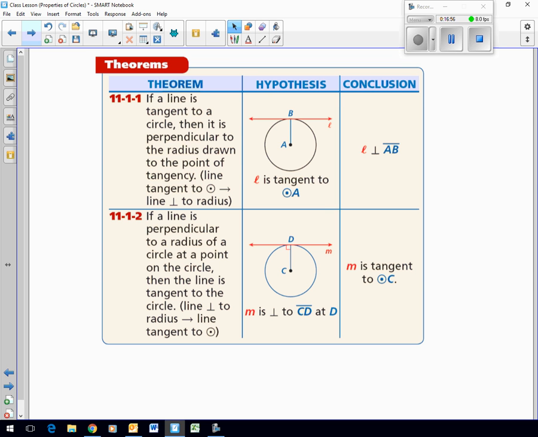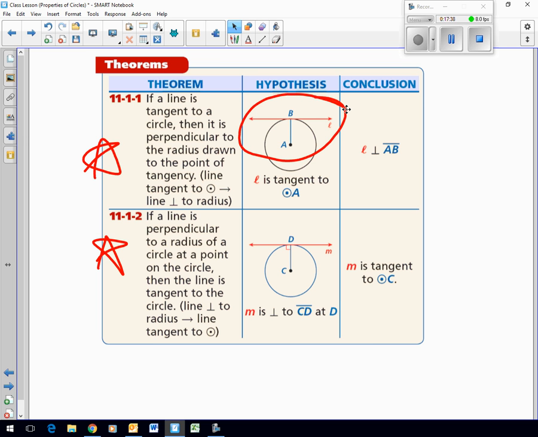I mentioned this earlier. This is an important principle about circles. If a line is tangent to a circle, it is perpendicular to the radius drawn to the point of tangency. If a line is perpendicular to a radius of a circle at a point on the circle, then the line is tangent to the circle. Anytime you have a tangent, write both of these down.